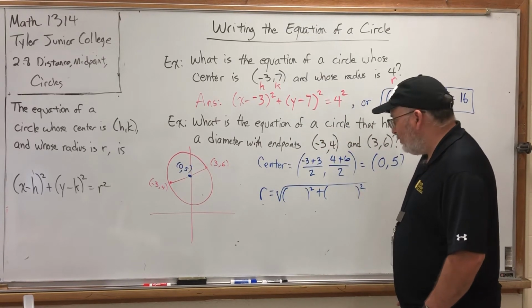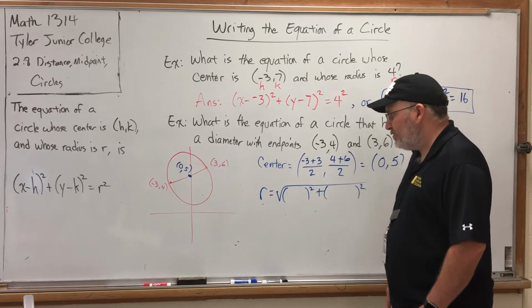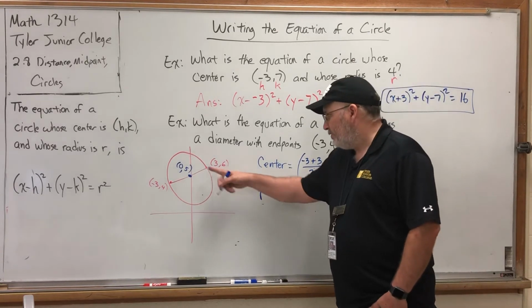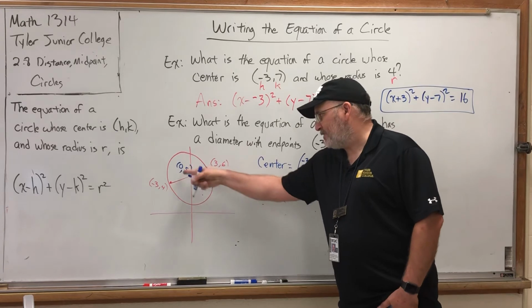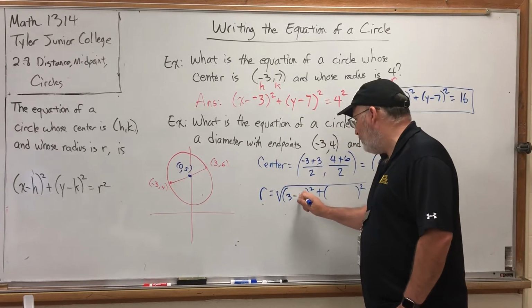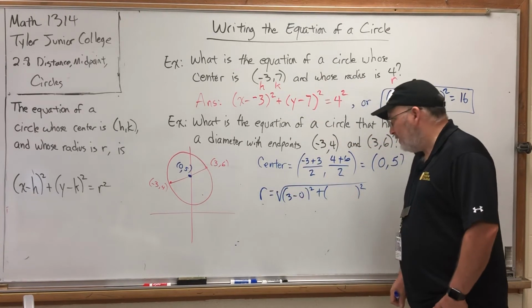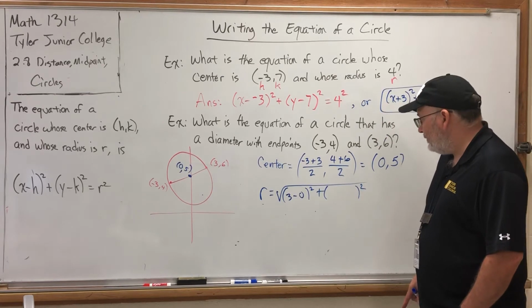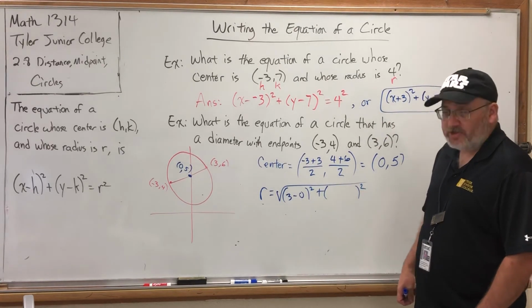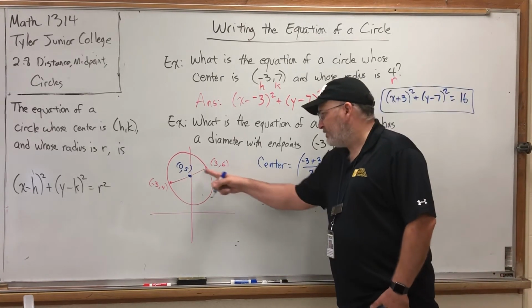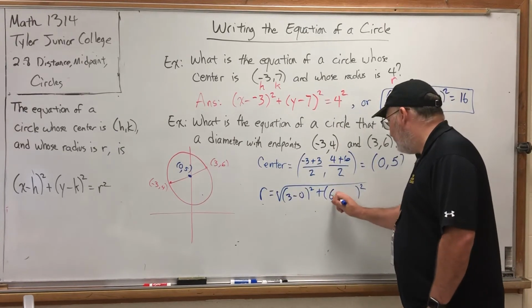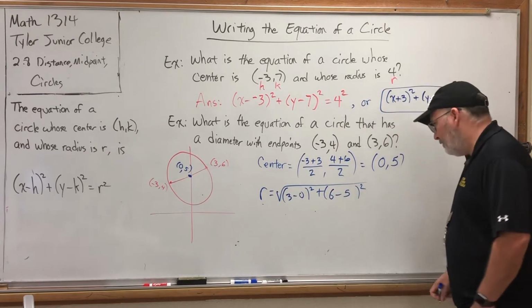So under the square root, in the first parentheses, we subtract the x's. Using these 2 points, the second x minus the first x is 3 minus 0. And in the second parentheses, we do second minus first y. So 6 minus 5 goes in the second parentheses.